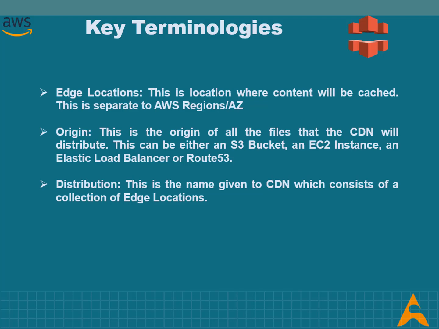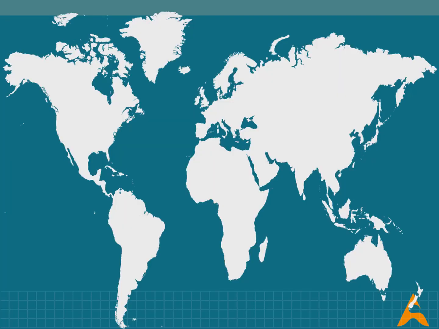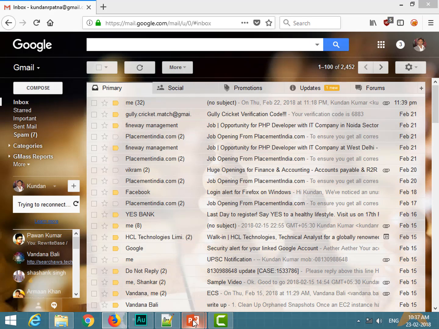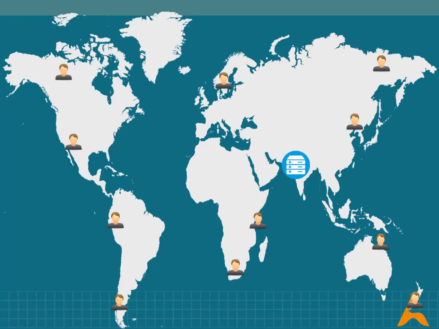In order to understand the working of the content delivery network, let's see a world map. We have a web server in India and users around the world. What happens is, when a user requests to get content, the request will be forwarded to the edge location. The edge location will check its cache for the requested content.